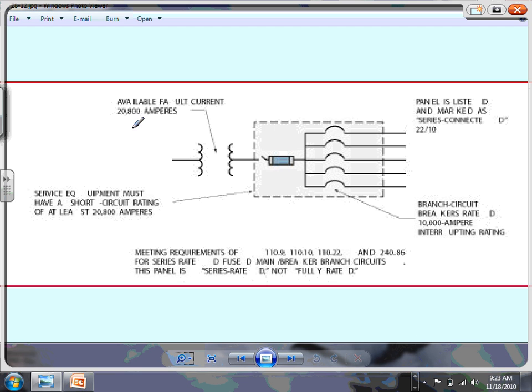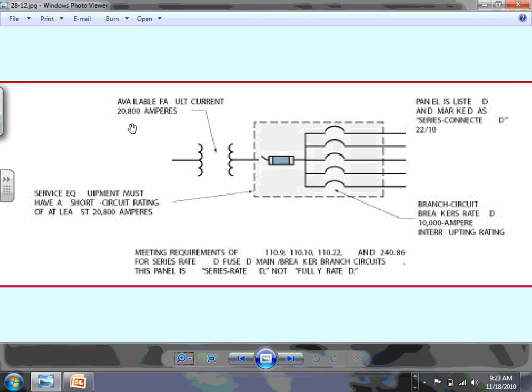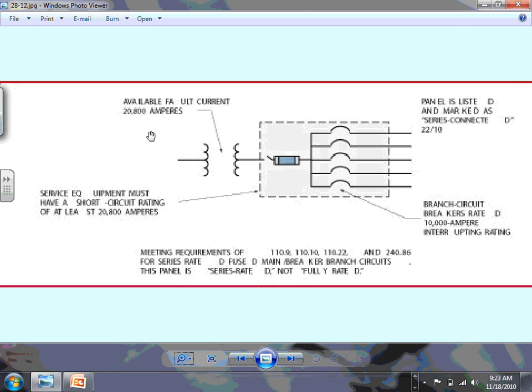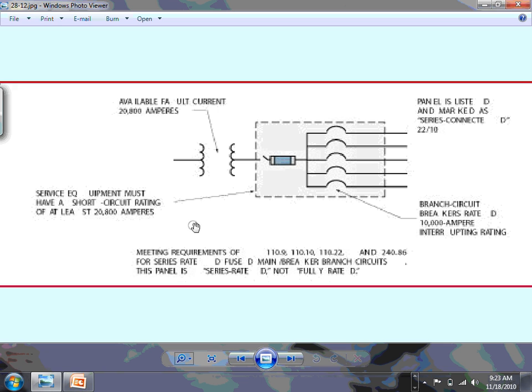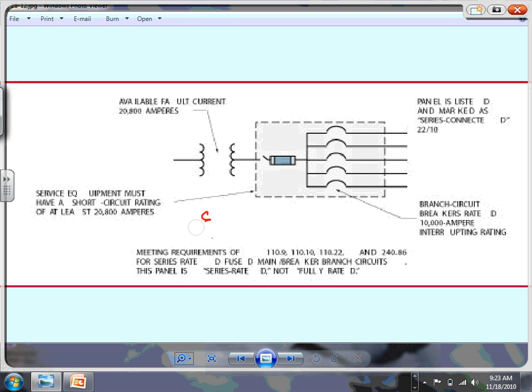I have a 20.8 kiloamp available right at this point, if I short the 3 phases together, or 2 phases, that's what I want to get. Now look at that big boy. I rated this big boy for 22 kiloamp.